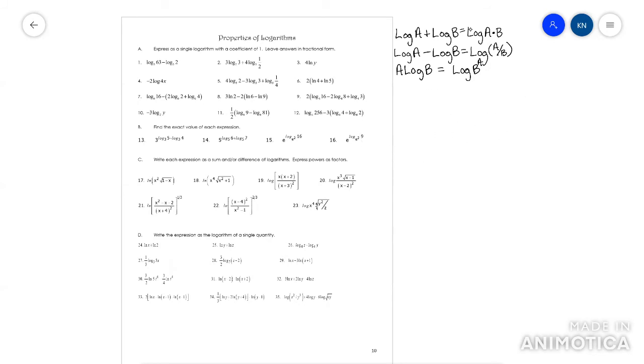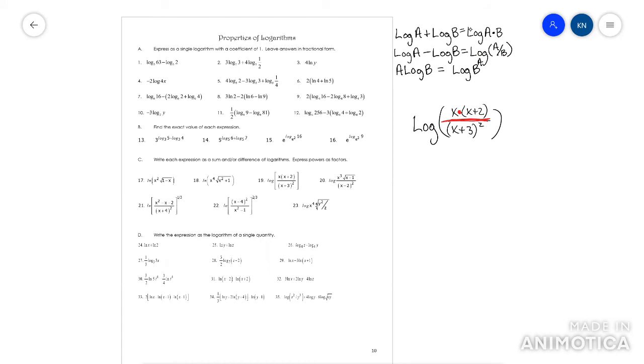That's how you would do the next one, number 18. Now let's just jump to 19. You have log of x times x plus 2 over x plus 3 squared. You should be looking at this thinking, okay, the top part is a log of something times something, so it's the first rule. And the bottom one is a divide, so it is this rule right here.